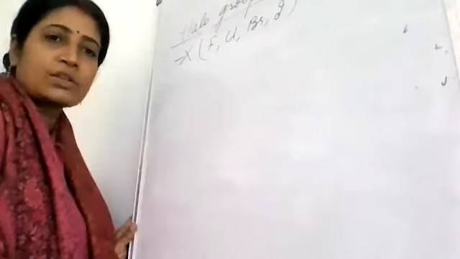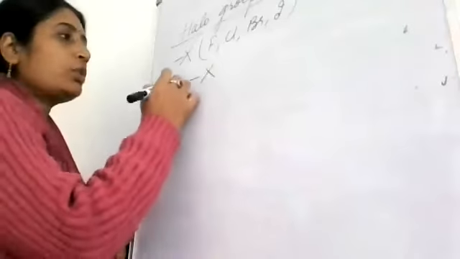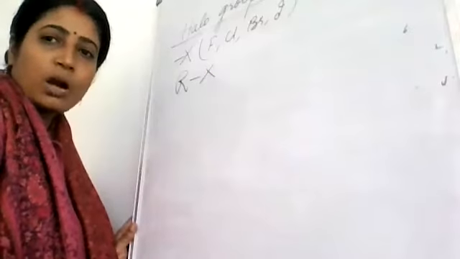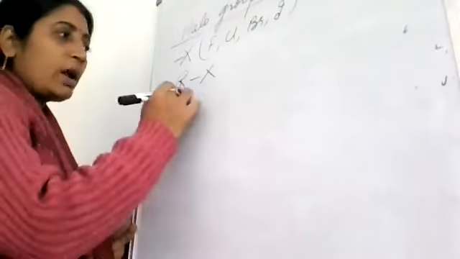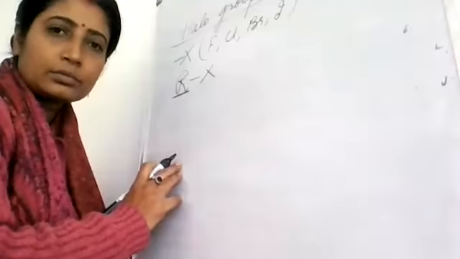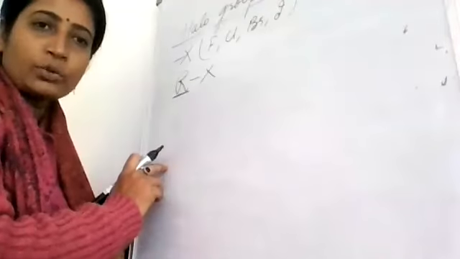And to which is it attached? This X will be attached to R, the alkyl group. Where is the functional group present? With the alkyl group, the functional group is present.